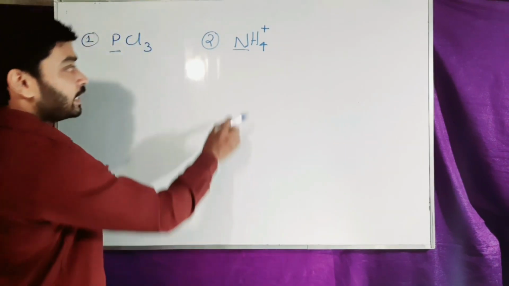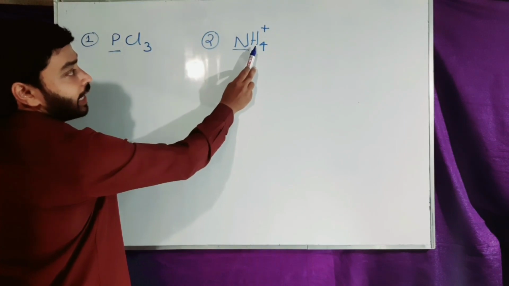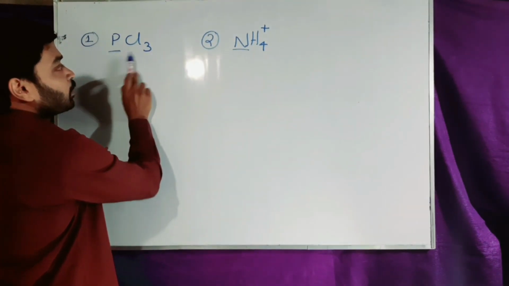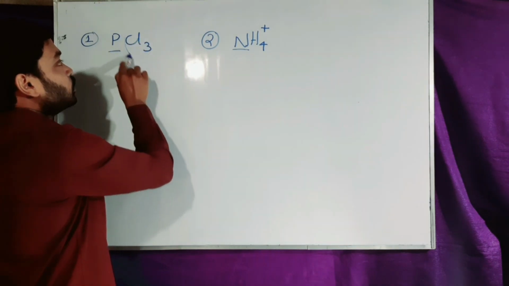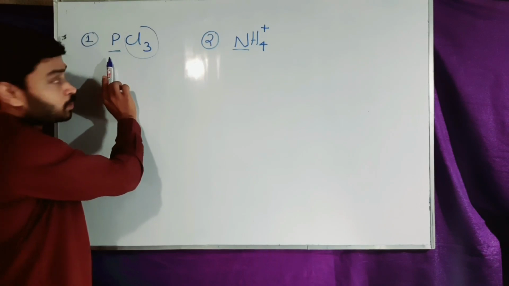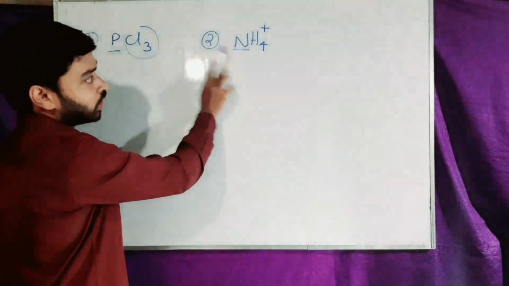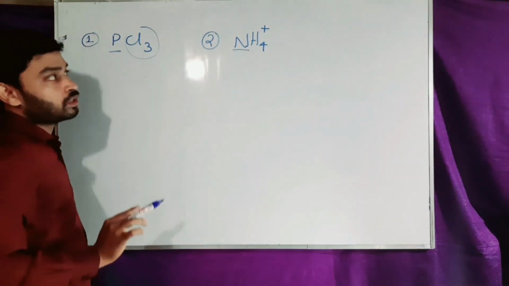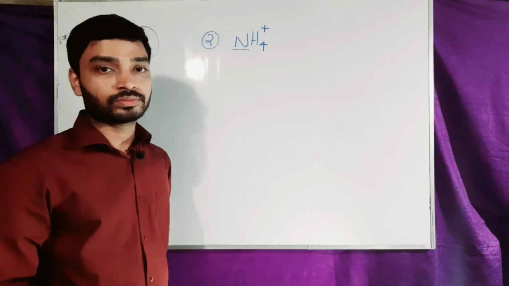In this case we know the oxidation number for hydrogen and for chlorine. So we will use the oxidation number of chlorine to calculate the oxidation number of phosphorus. Similarly, we will use the oxidation number of hydrogen to calculate the oxidation number of nitrogen. You should try first. After that, I will answer for you.